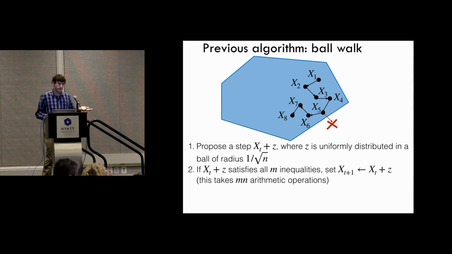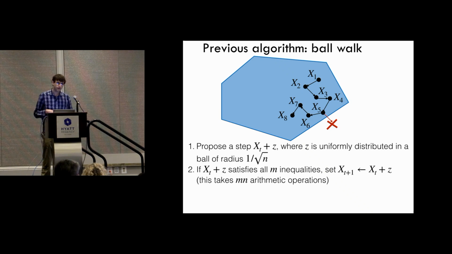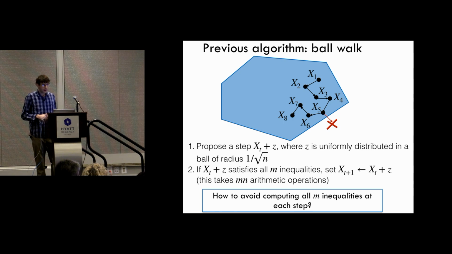If this proposed step satisfies all m inequalities that define the polytope, then the ball walk moves to this step, and otherwise it proposes a different random step. This means that in order to compute each step of the ball walk Markov chain, we have to check m inequalities. So the question is, how can we avoid checking all m inequalities at each step of the ball walk?